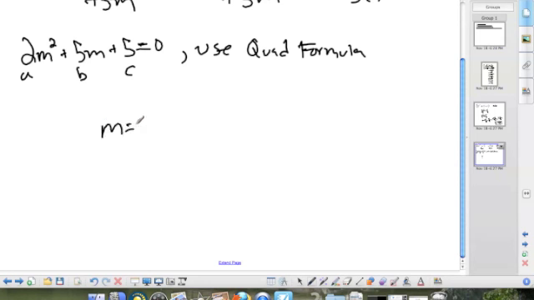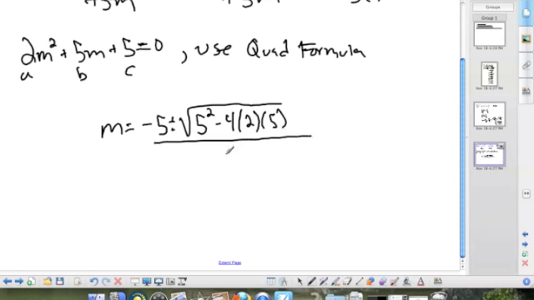So m is going to equal negative b, which is negative 5, plus or minus the square root of 5 squared minus 4ac all over 2a. So we're going to reduce and simplify.